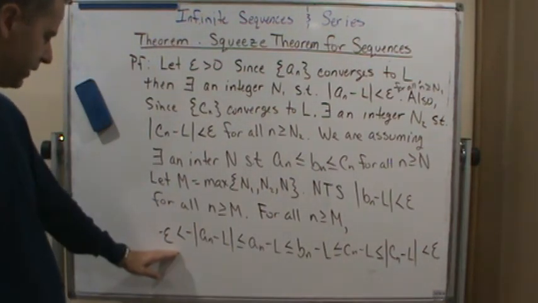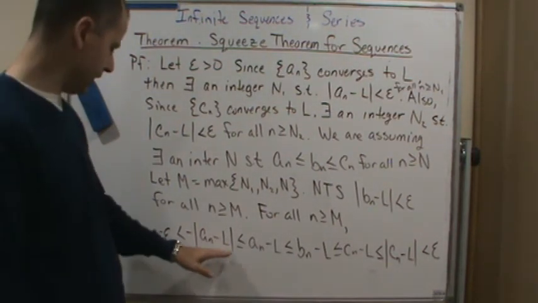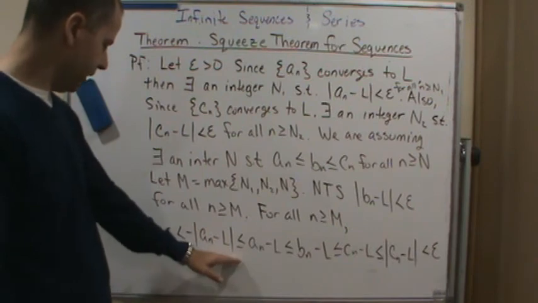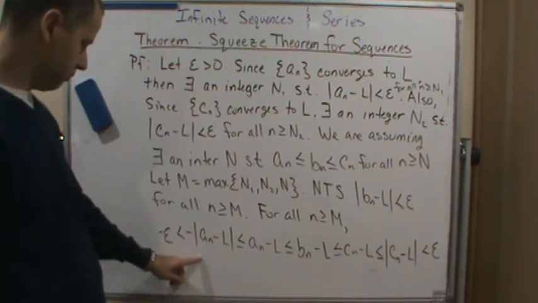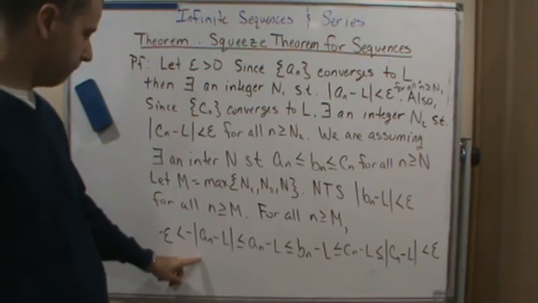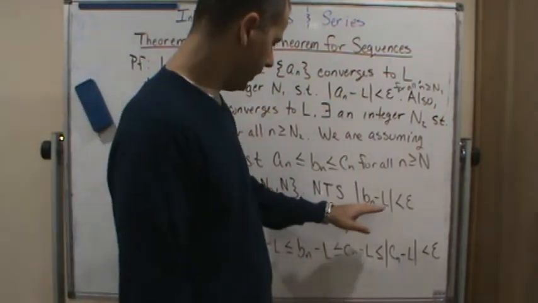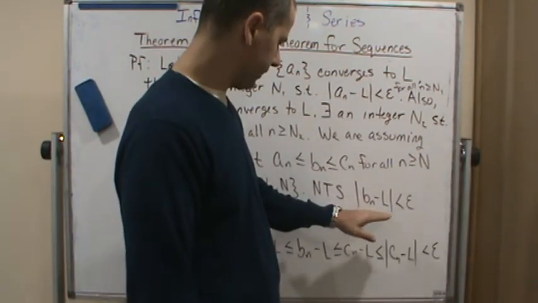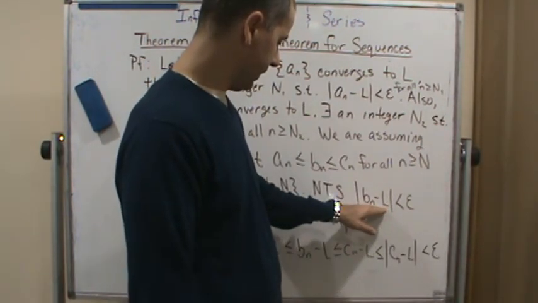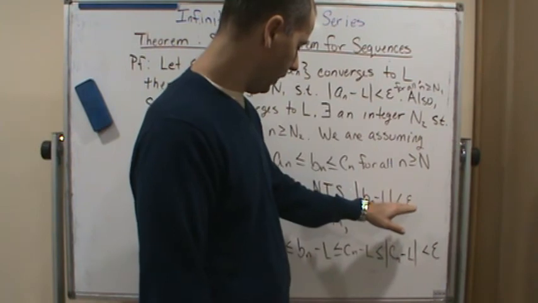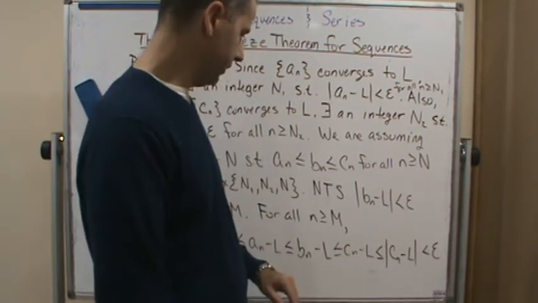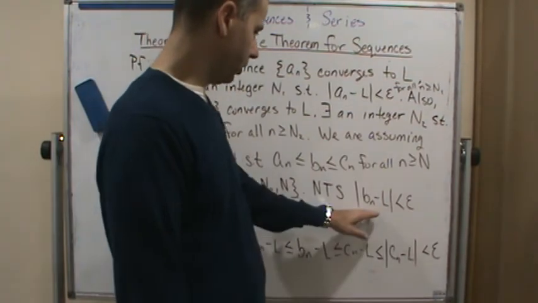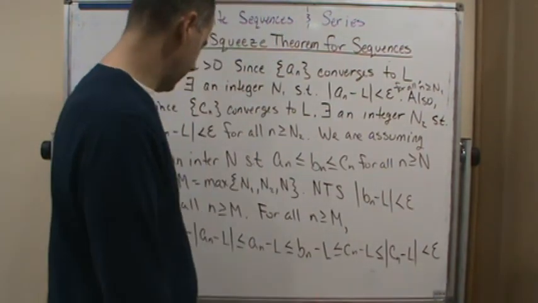So we start with negative epsilon. We know negative epsilon is going to be less than the negative of this, because if we take away the absolute values, we have to say that this is less than epsilon or bigger than negative epsilon.